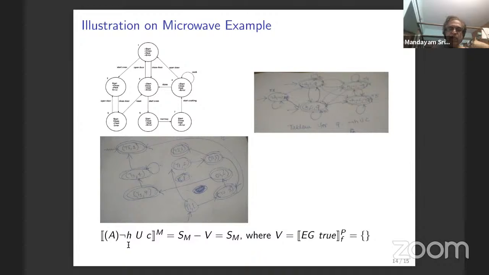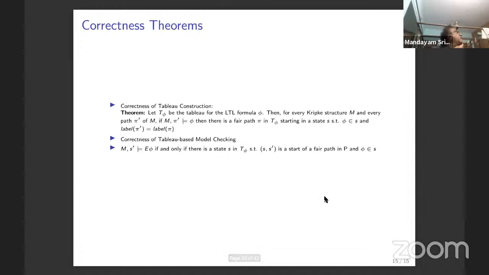So the set of states that satisfy the negation of this formula is empty, because every state here satisfies not H until C. That's what is indicated by the fair path from every state whose second component is all the states in the M machine, as you can see in this part. So finally, here is my main correctness theorem.